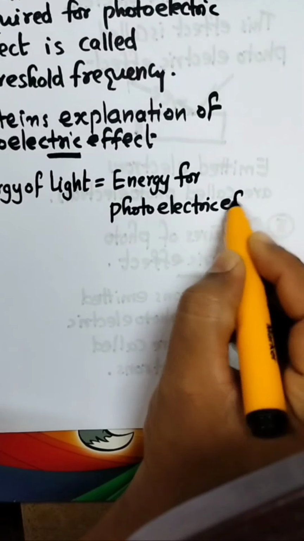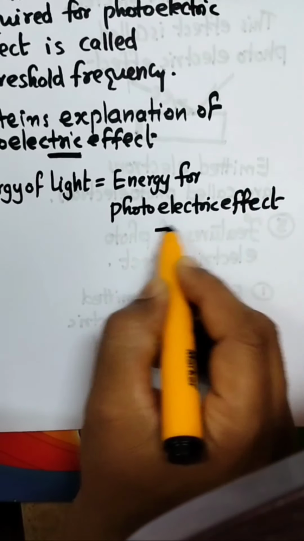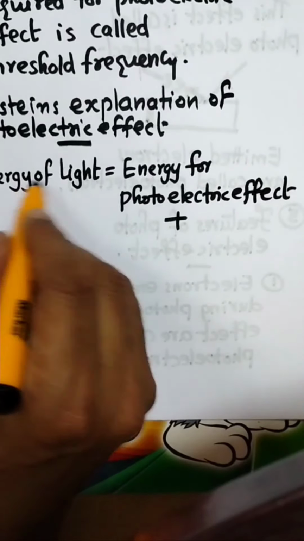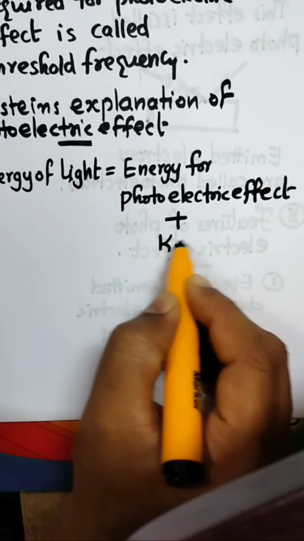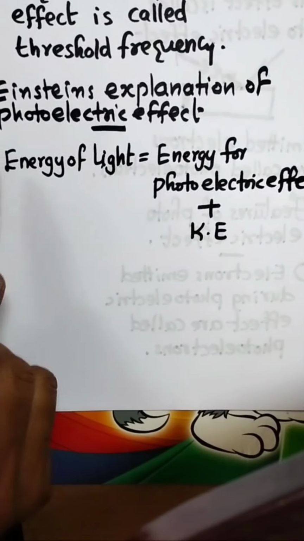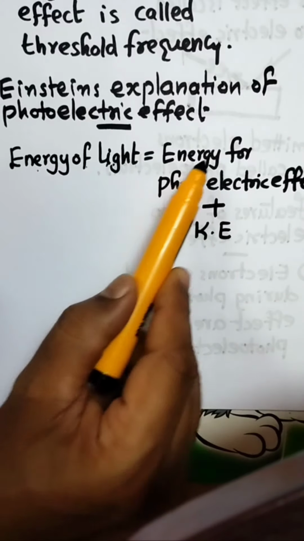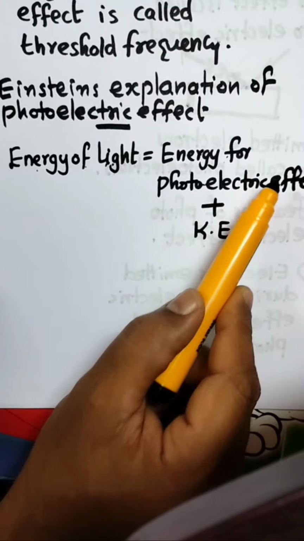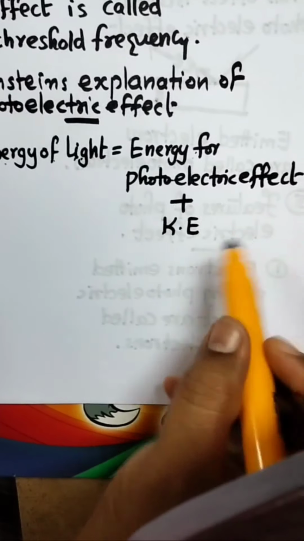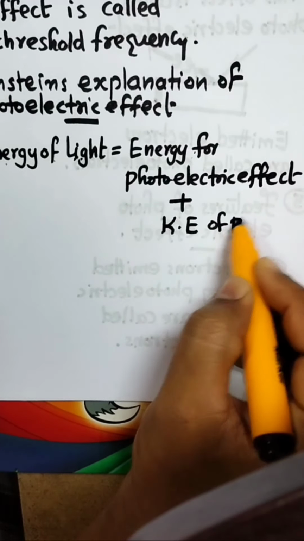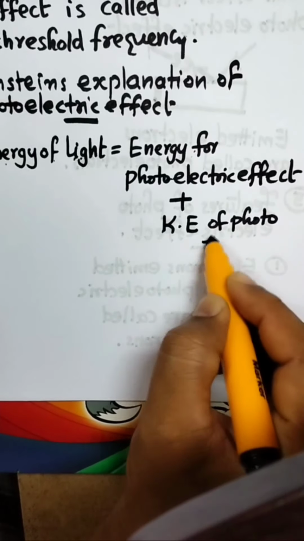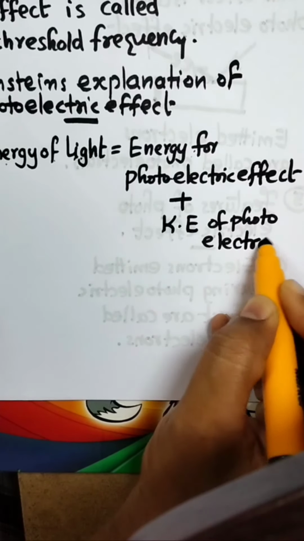And the remaining part of that energy is used as kinetic energy of the photoelectron.